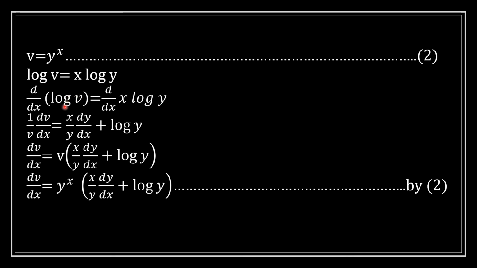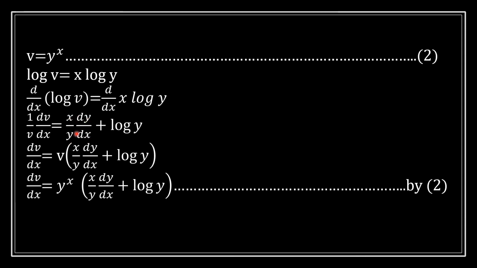Now what is the derivative of log of v? It will be 1 upon v into dv by dx is equal to, what is the derivative of x log of y? It will be x as it is into the derivative of log of y. So x as it is, derivative of log of y is 1 upon y into dy by dx.